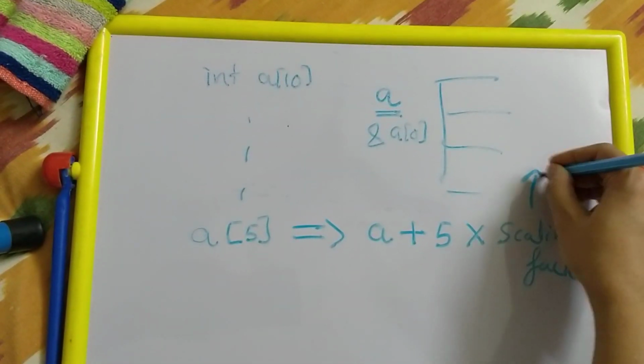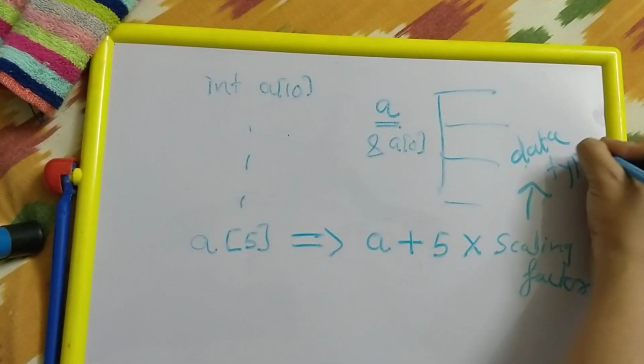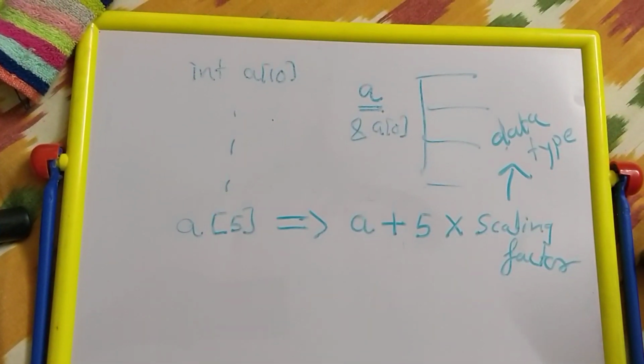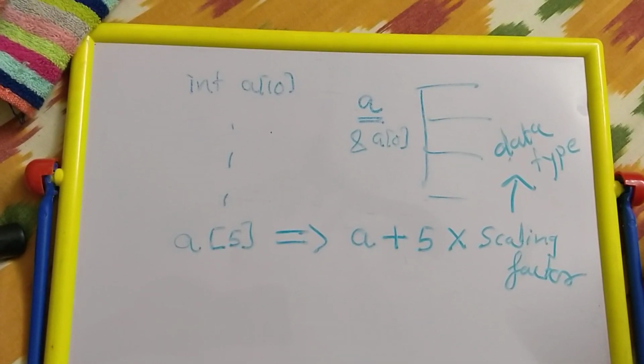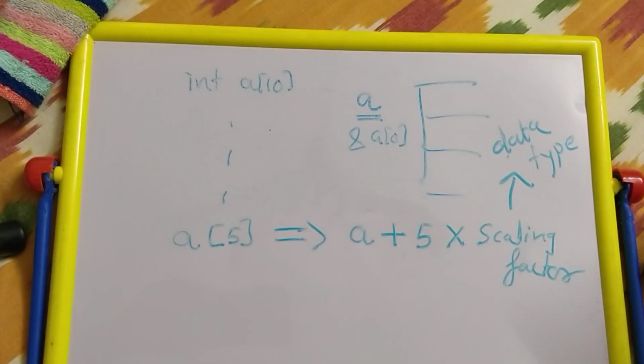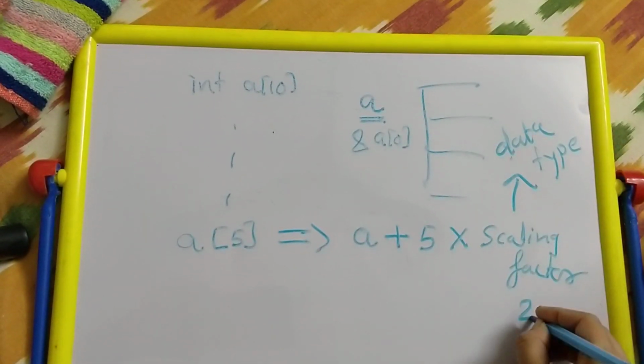This scaling factor depends on the data type. Here in this case, the data type is integer, and in the conventional systems, the integer requires 2 bytes to be stored. So here the scaling factor would be 2.